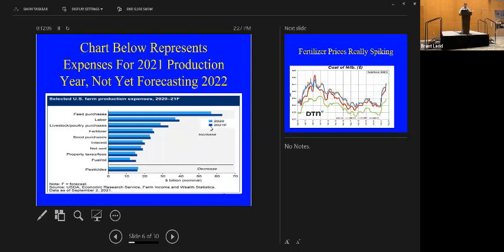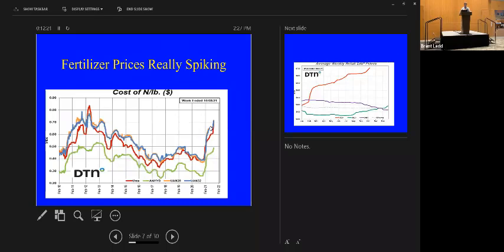A lot of the other categories up slightly, so the overall projection as we look at the calculation of 2021 net farm income, 2021 profitability, pretty much everything contributing to a little cost increase. It'll be interesting to see what happens as we move forward into 2022.